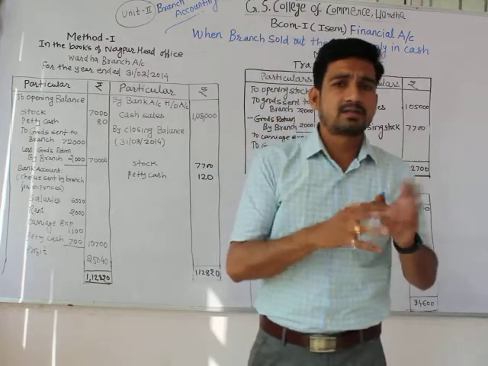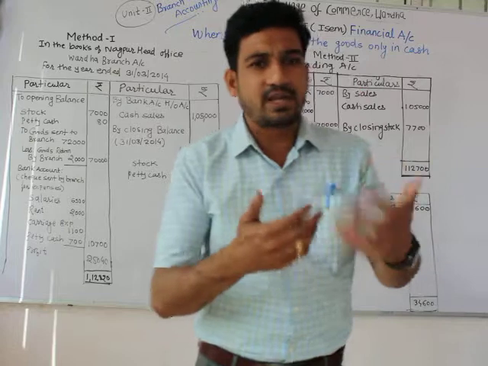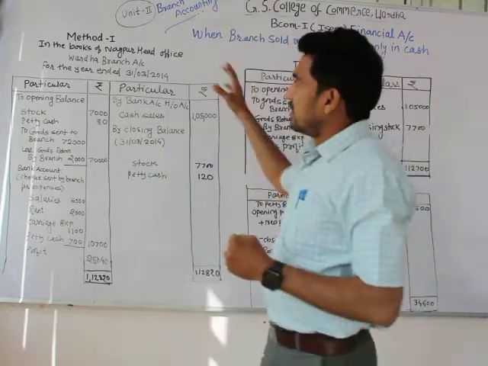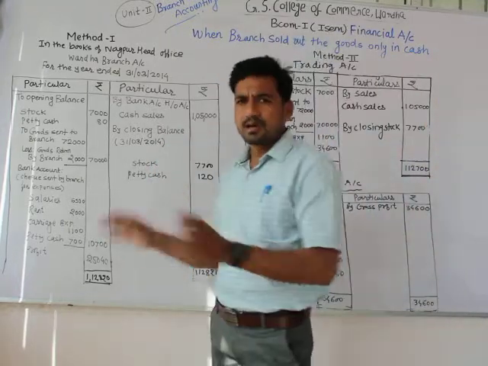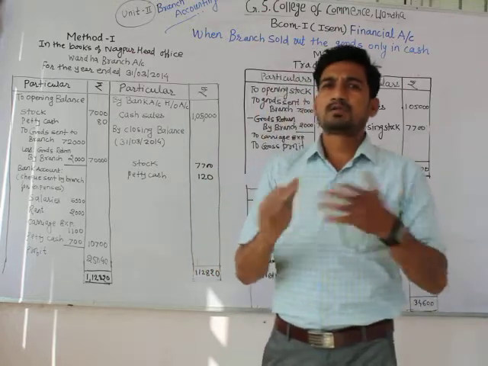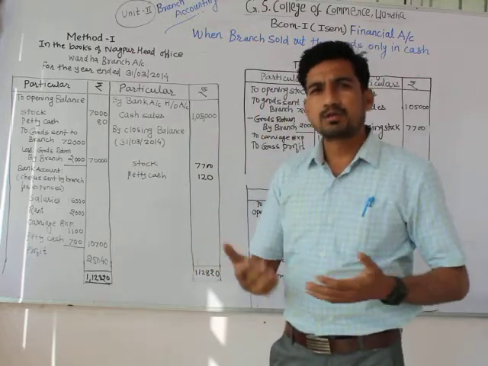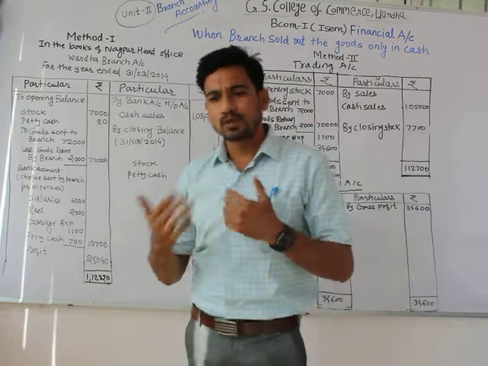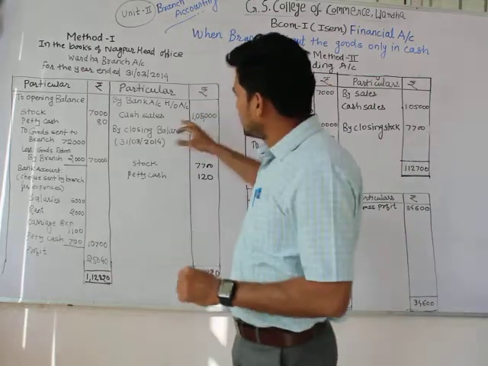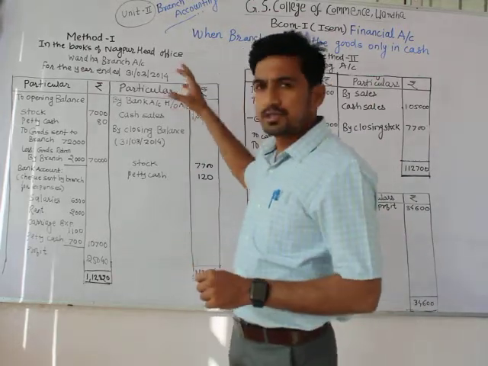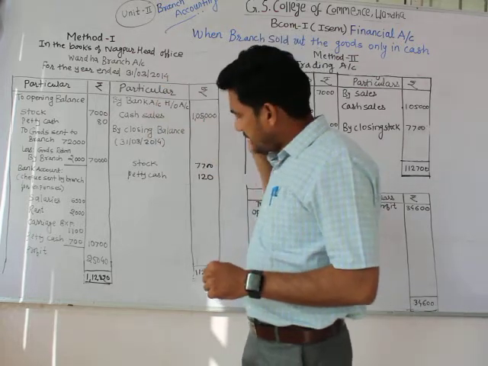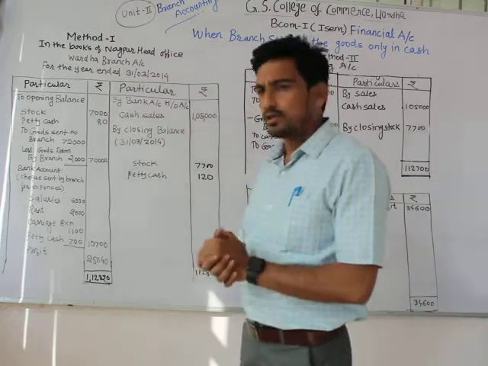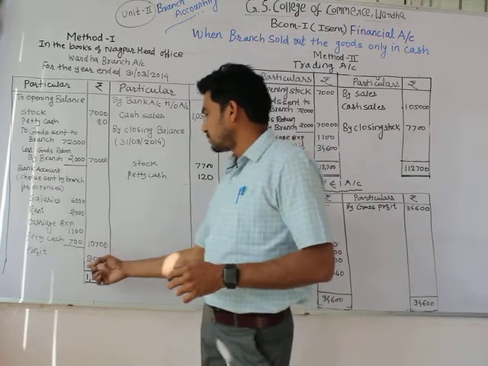It just acts as an intermediary or an agent of the head office. But in this particular problem and in each and every problem, we are seeing independent branches, because they have to maintain their own set of accounts and do their own transactions.